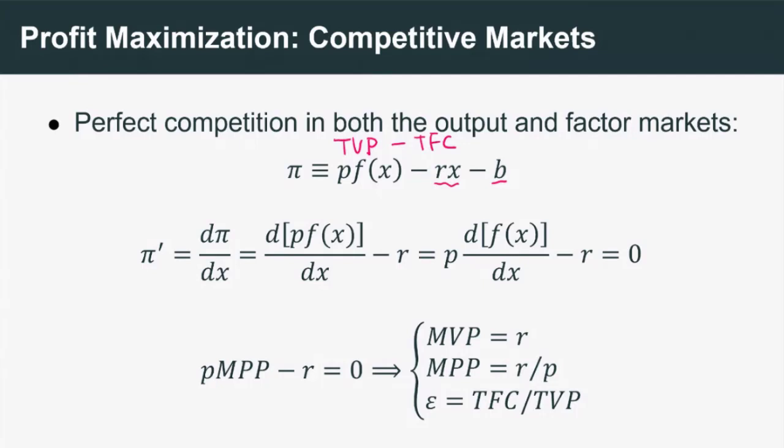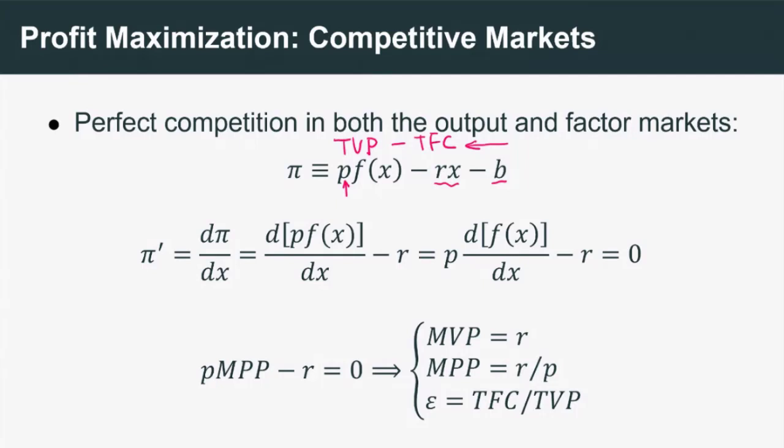So TVP minus TFC is the general term. If we assume there's perfect competition in the output market, then this is the output price P. It doesn't depend on X. It's a constant here.